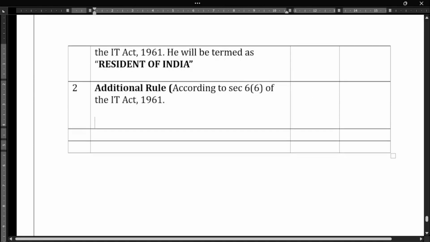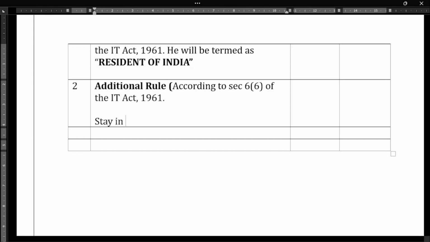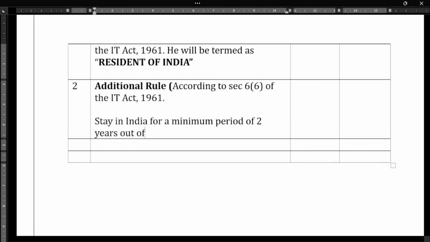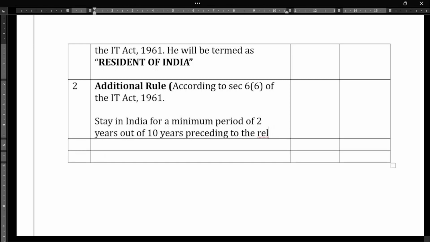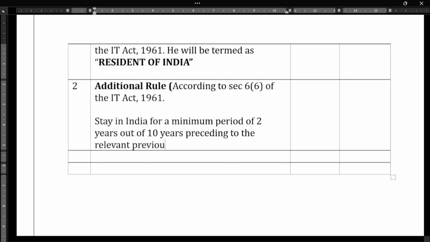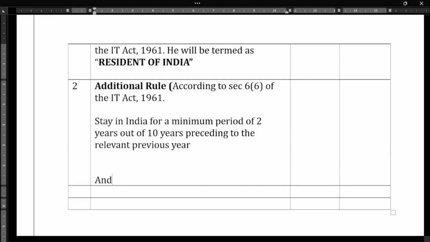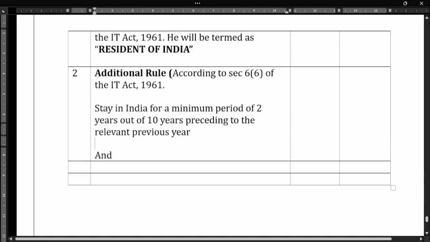It has two conditions. The first condition says: stay in India for a minimum period of 2 years out of 10 years preceding the relevant previous year. We are already familiar with the rules, so I will not explain again and again.